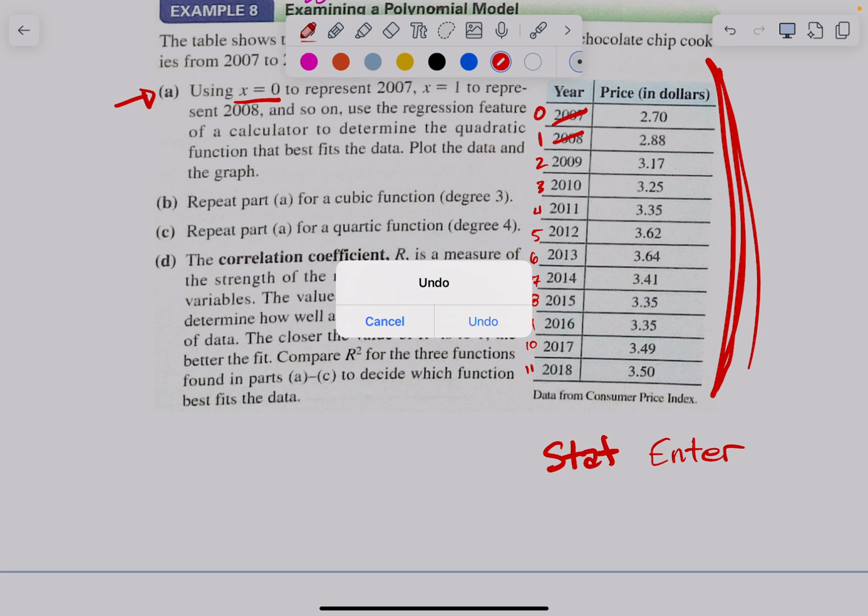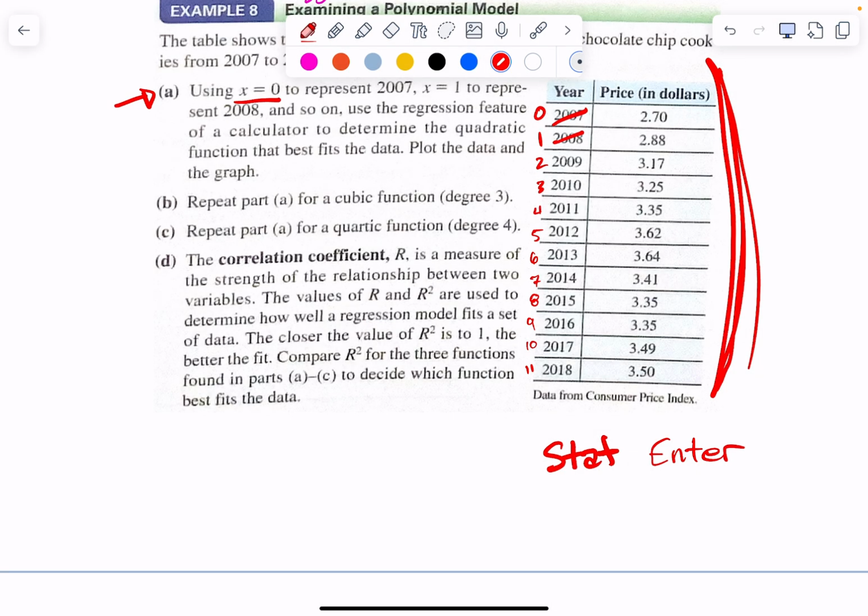Okay. 2.88. 3.17. 3.25. 3.35. 3.62. 3.64. 3.41. 3.35. 3.49. And 3.50. All right. Okay, so I enter those into my two columns.